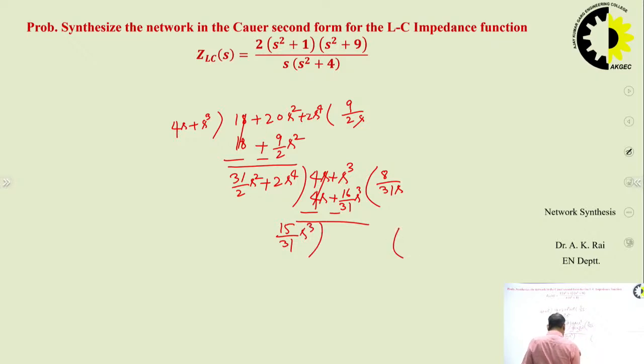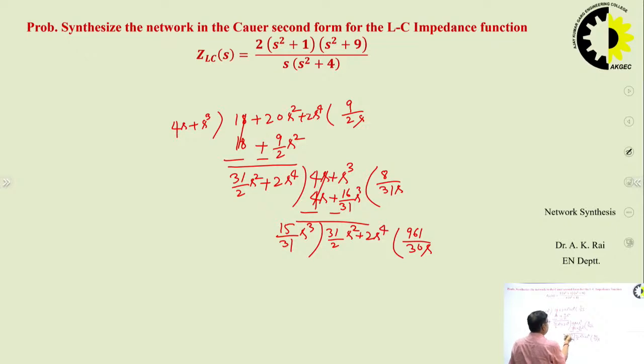Then try to divide this 31 by 2 s squared plus twice s to the power 4. Okay, then try to divide by 961 by 30s, just to get 31 by 2.